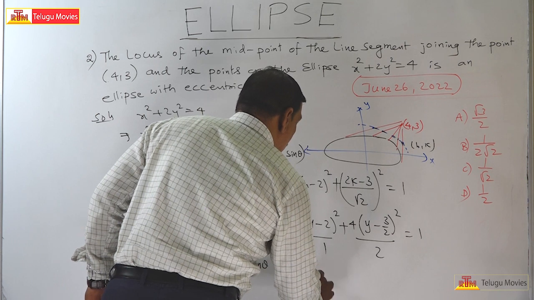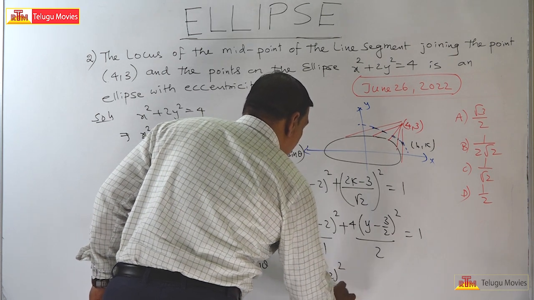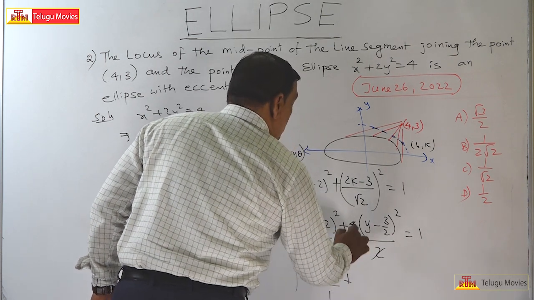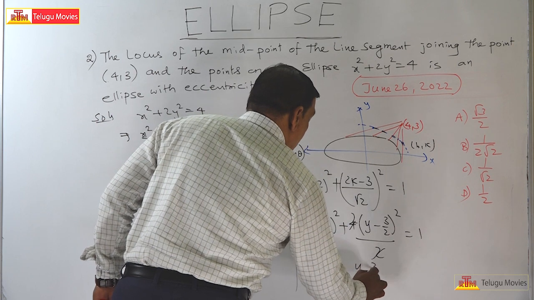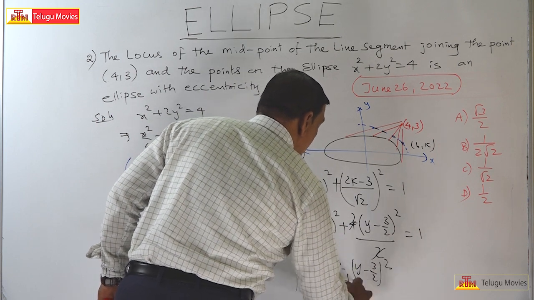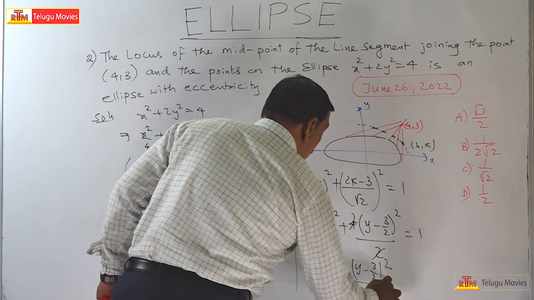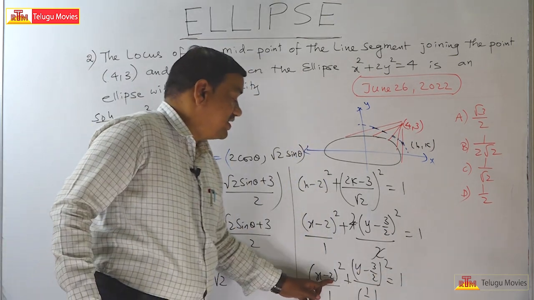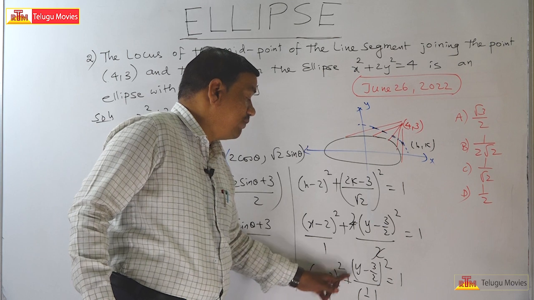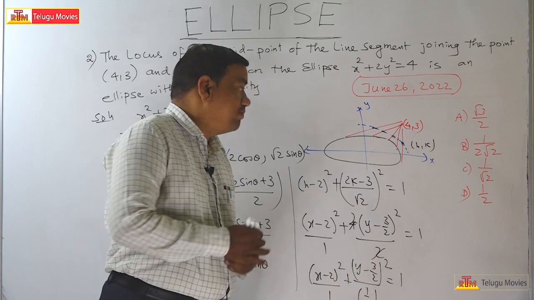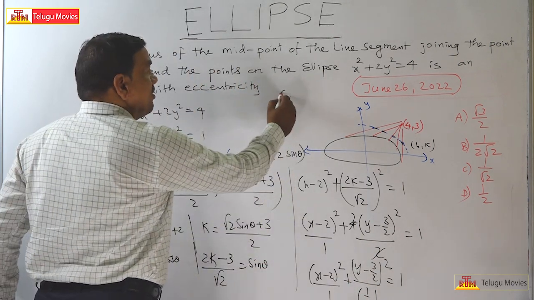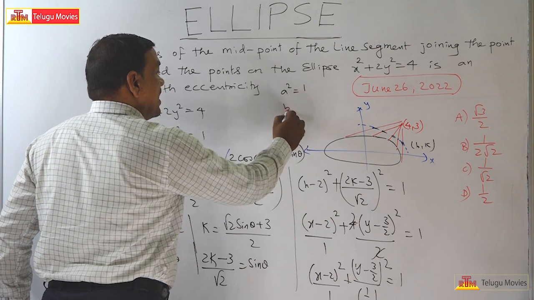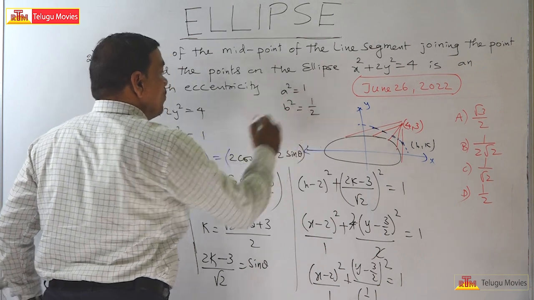Okay, now one more step I will write down. (x minus 2) whole square by 1 plus, 2 ones are 2, 2s cancel, (y minus 3 by 2) whole square by (1 by 2) is equal to 1. So, this is of the form (x minus h) whole square by a square plus (y minus k) whole square by b square. Your a square value is 1 and b square value is 1 by 2.